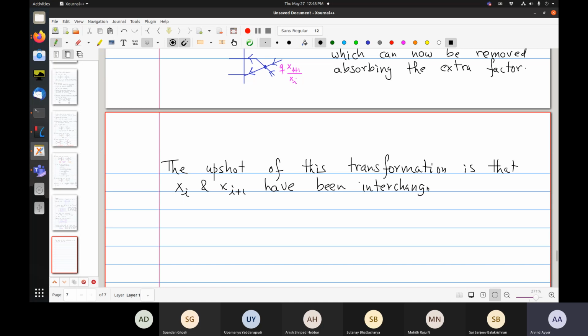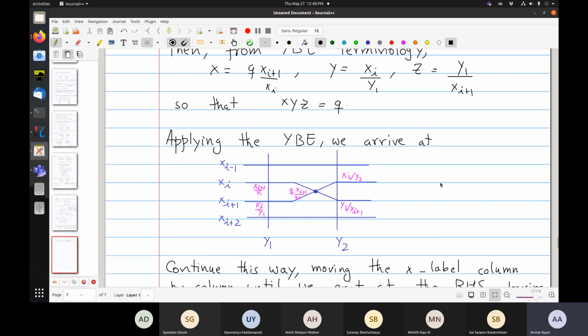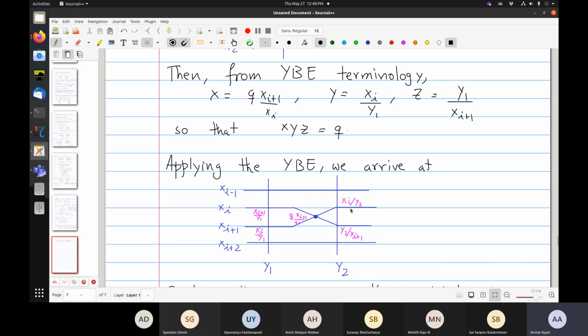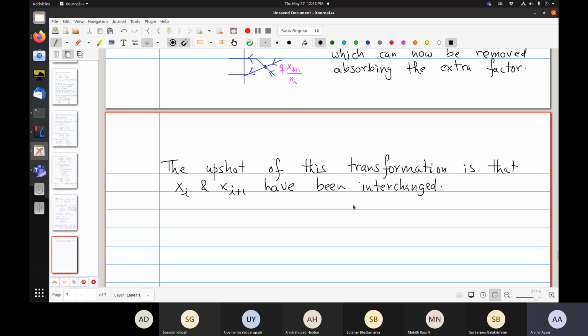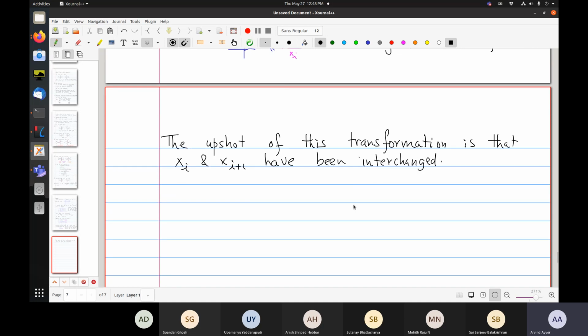So for every single configuration that contributed earlier, the weight that you get over there will be the same weight with xi and xi plus 1 interchanged. So that proves that the partition function is the same. I mean, it's symmetric in xi. Any questions?